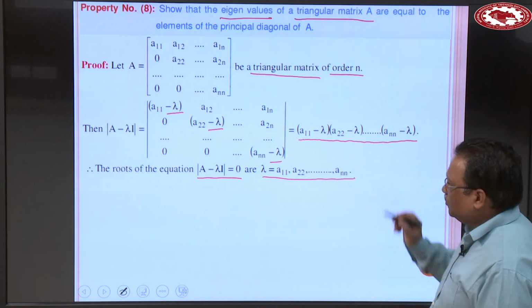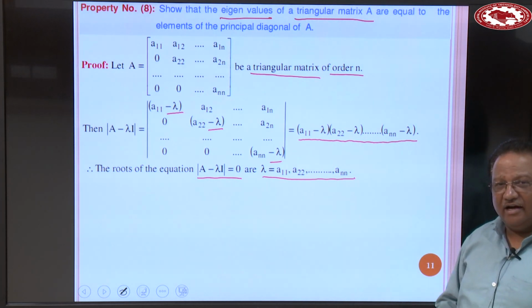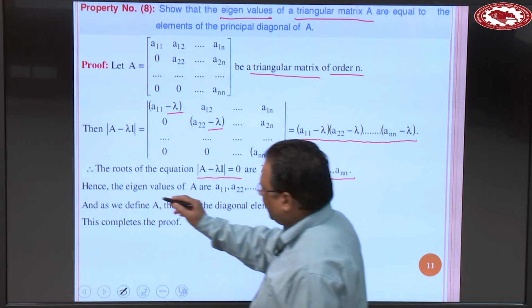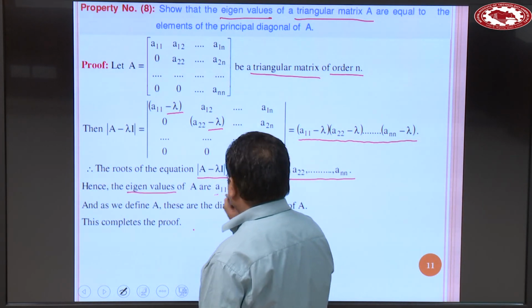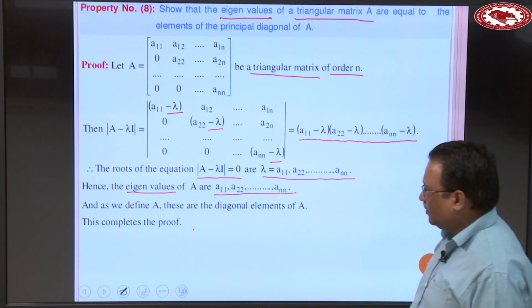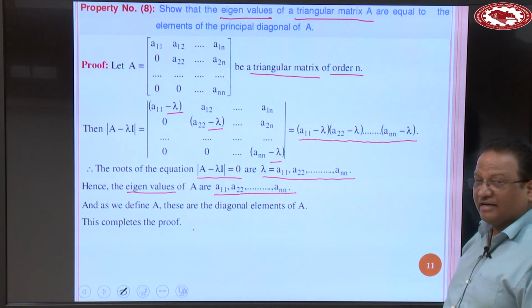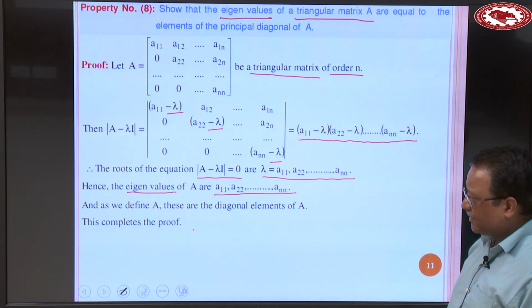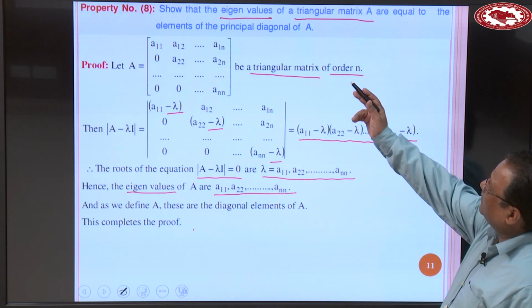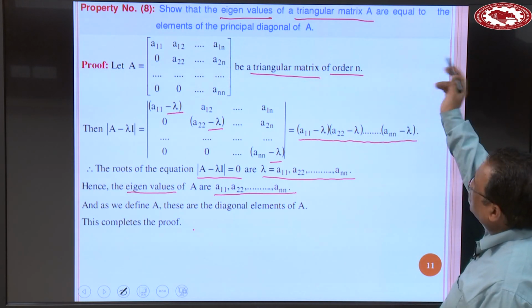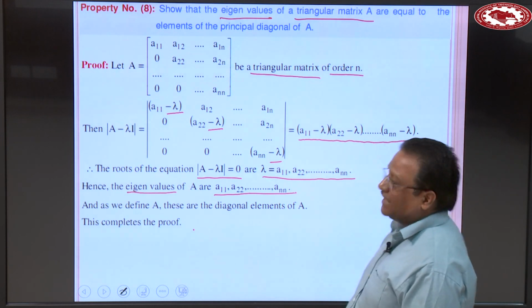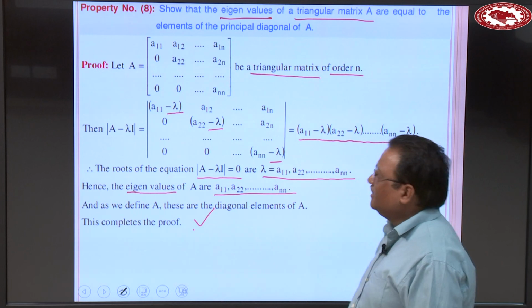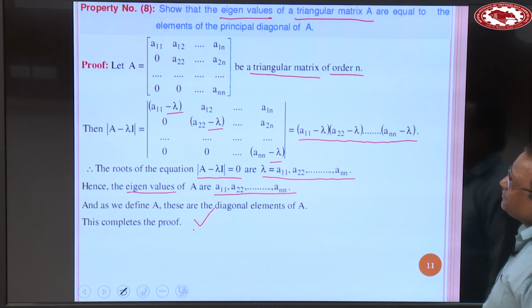So these are the roots of this upper triangular matrix, and hence the eigenvalues of A are A11, A22 and so on, Ann, and these elements are nothing but the diagonal elements of A, clear? So the eigenvalues of a triangular matrix are equal to the elements of the principal diagonal of the matrix A, okay. So this completes the proof of this important property, okay.